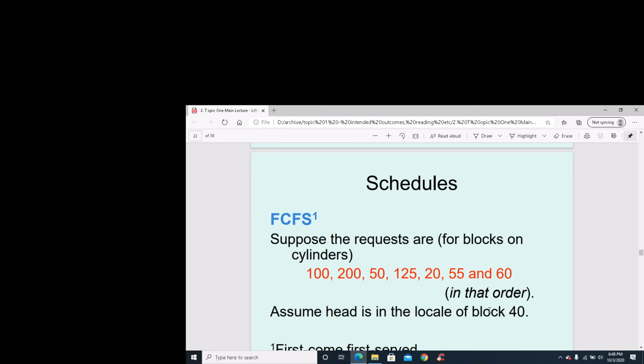Somewhere on track 40. So that's a bit unclear. Block 40 I'll put here. On cylinder 40. I'm assuming that the head is in the vicinity of track number 40. Okay, so hopefully this is clear, right?